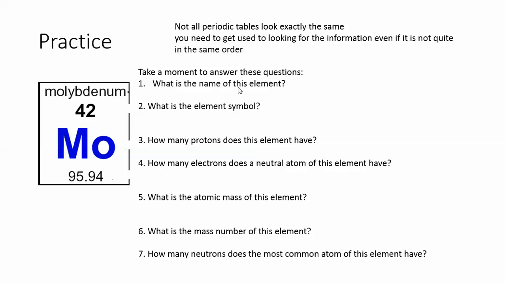What is the element name? What is the element symbol? How many protons does this element have? How many electrons does a neutral atom of this element have? What is the atomic mass of this element? What is the mass number of this element? How many neutrons does the most common atom of this element have?